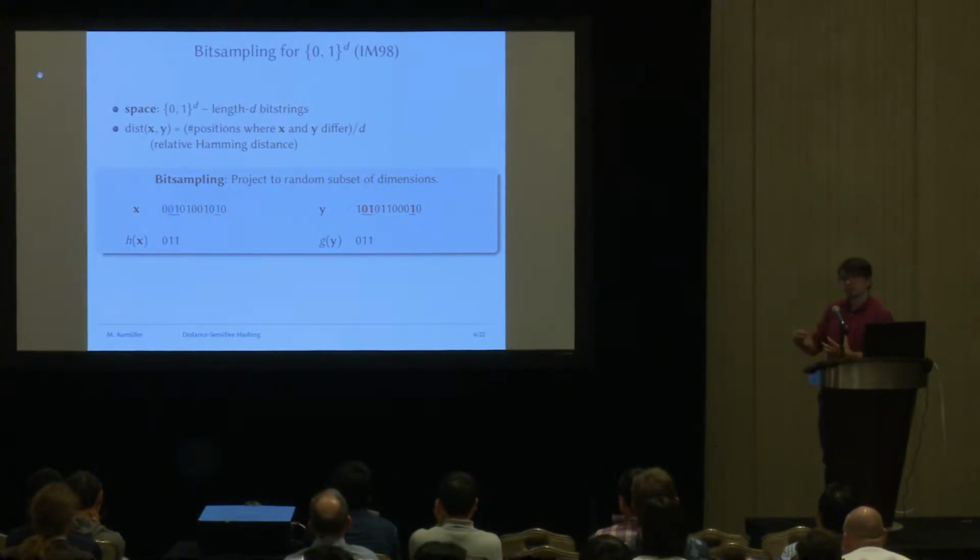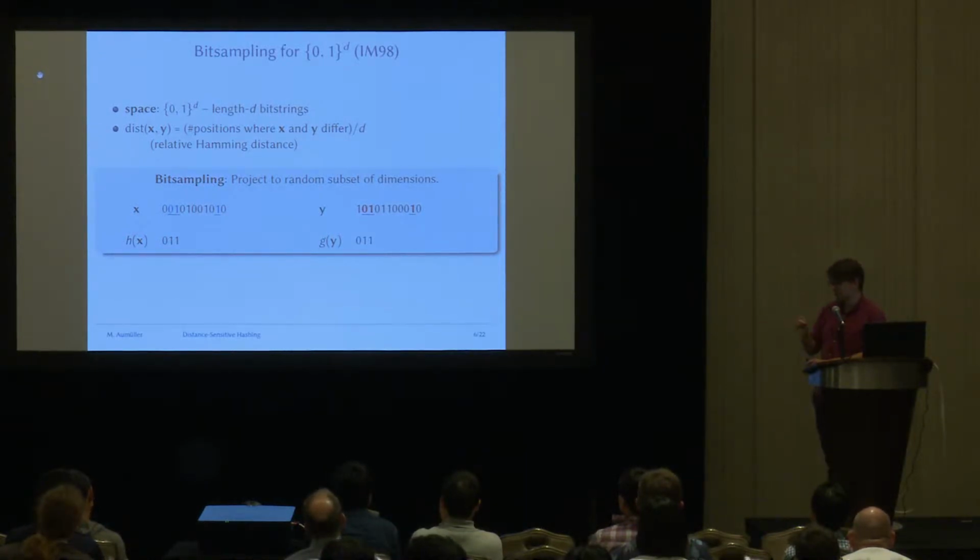Let's look at some hash functions which we can apply to those two data points. 20 years ago, there was this breakthrough from Indyk and Motwani where they proposed LSH. And LSH is one such family of hash functions. What it does for bit strings is, choosing a random function from the hash family means you choose some dimensions at random from your bit string.